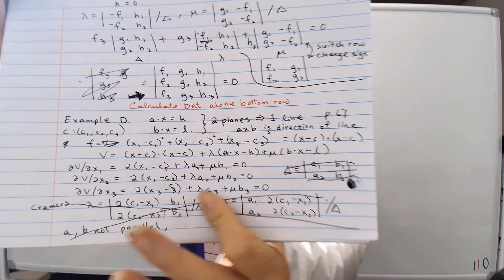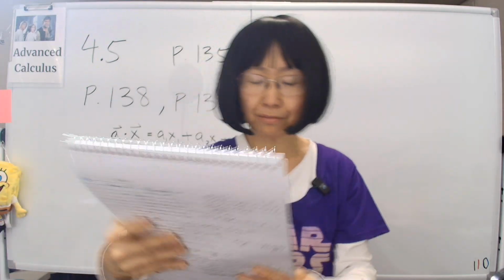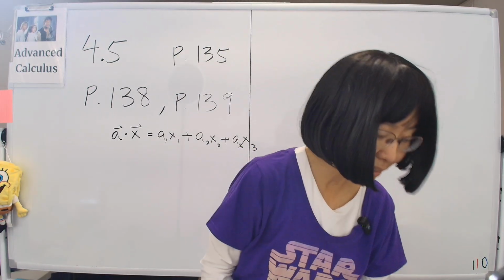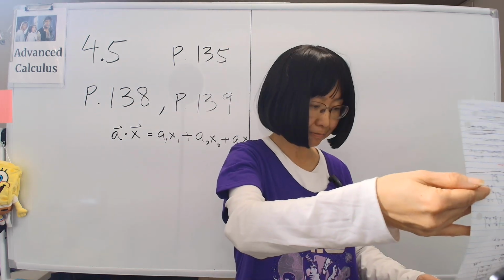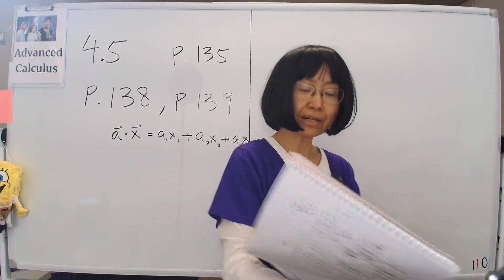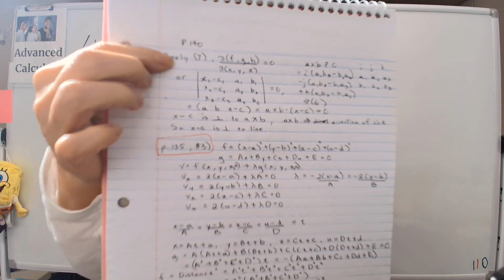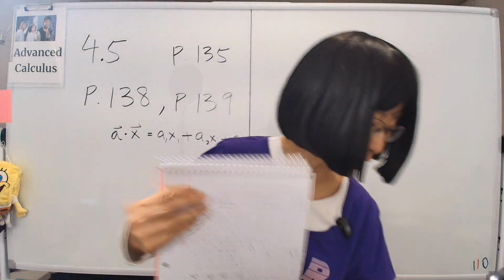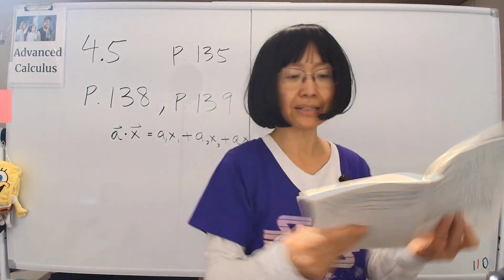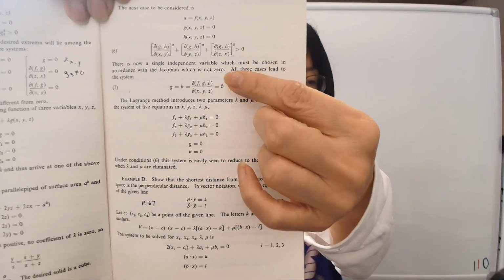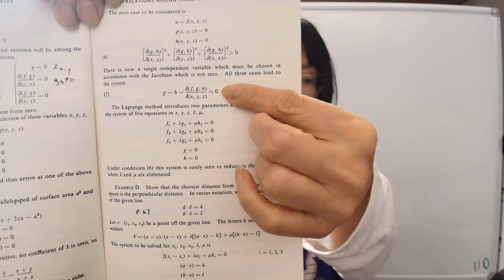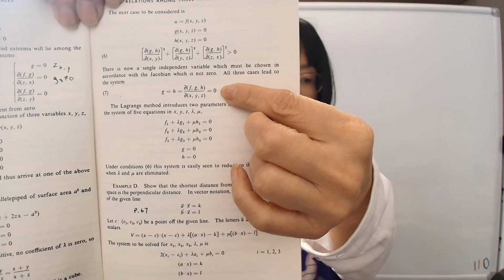Now at this point, we notice we can eliminate lambda and mu by using equation 7. Remember equation 7 on the same page, which says that the lambda equations are equivalent to this thing, which is partial FGH partial XYZ equal to 0.